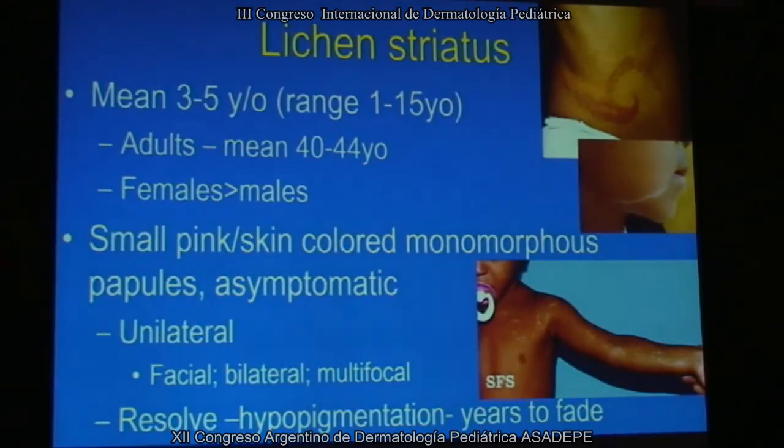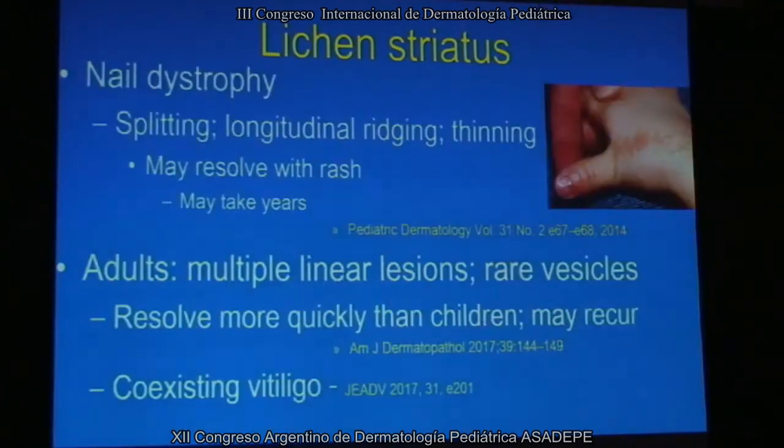Here is lichen striatus on a patient with darker skin running down the arm. Lichen striatus, when it affects the nail, can lead to dystrophy. Here you see a line of lichen striatus running down onto the thumb and the resulting nail dystrophy from the inflammation.